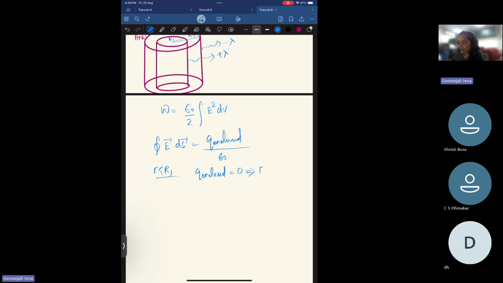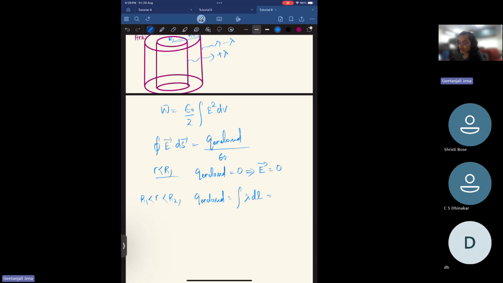So that means electric field is 0. For a region between R1 to R2, Q enclosed will be the total charge at the inner cylinder. So this will be lambda dl.